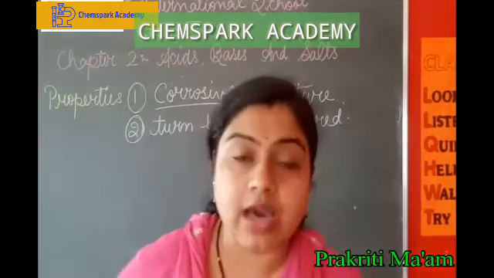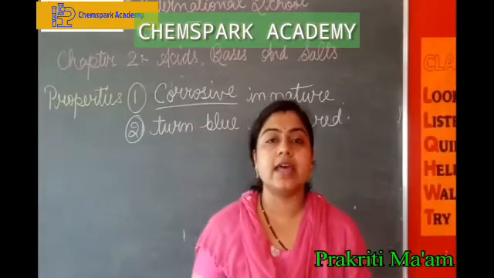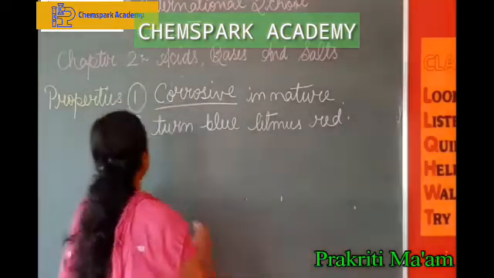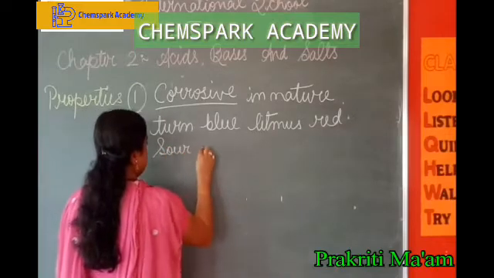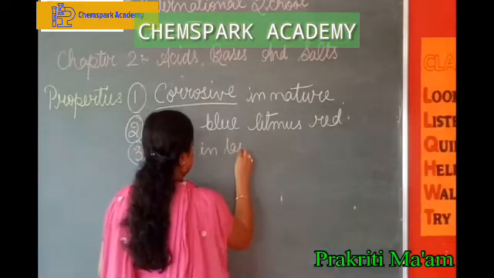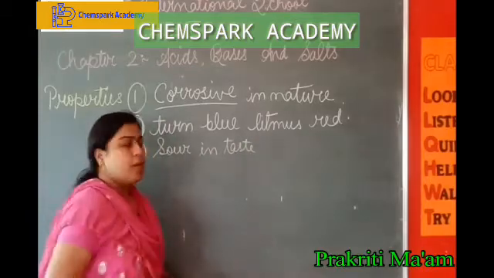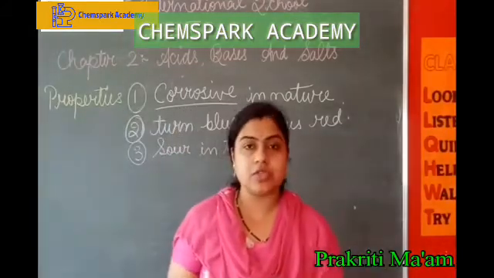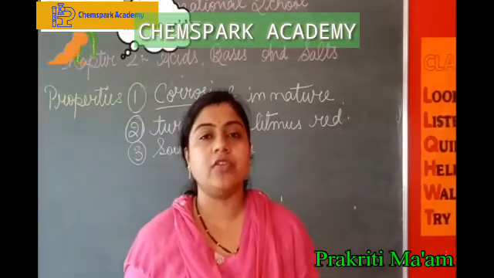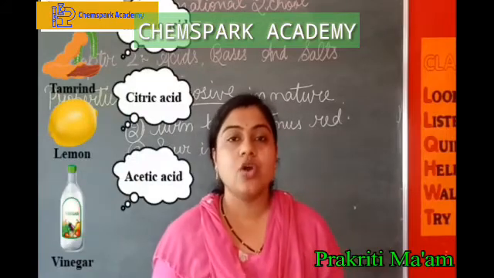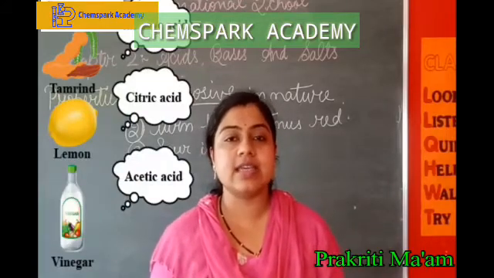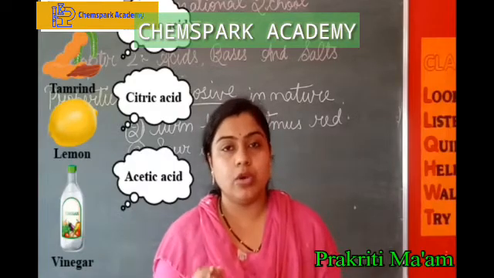Now another property of acids is that they are sour in taste. Be it orange juice or lemons, whenever we consume them, there is a bit of tangy taste or a bit of sour taste in that. So we can say that acids turn blue litmus red.